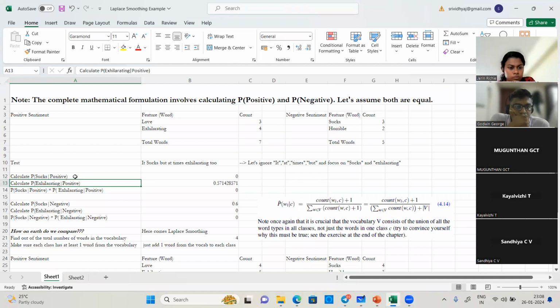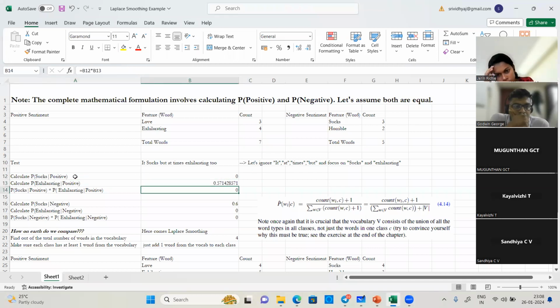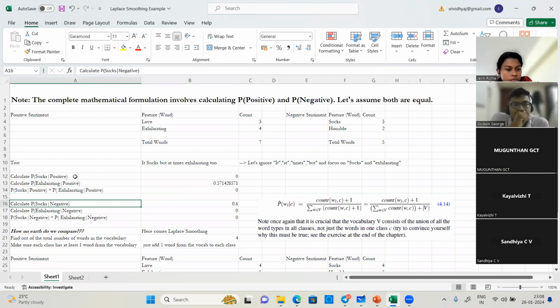Since one of them is 0, the product will be 0. Is it clear so far? Now let's do the other one, because we're going to figure out positive and negative sentiment. Now let's come to the negative one. What is the probability of sucks given negative? Tell me in terms of fraction.